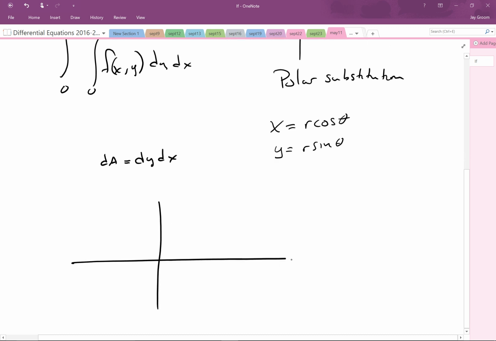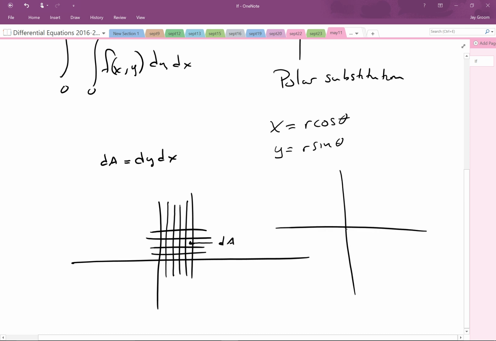Now, here's the deal. dx dy are just itty-bitty little chunks like this, right? Each one of these little fellas is a dA, and it's dx by dy. Well, if you recall, when you graph in polar form, you have a theta and an r. If they were very small, these little rounded regions would look an awful lot like little squares.